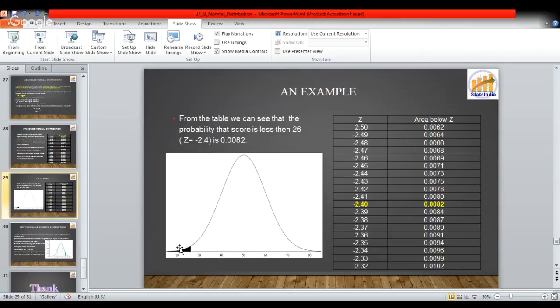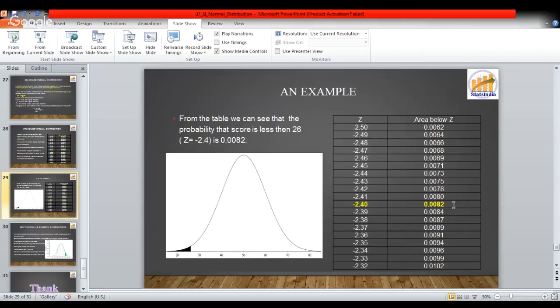We need the area less than 26, that is the area to the left of minus 2.4. From this table the area is given as 0.0082. So the probability that a value is less than 26 is 0.0082.